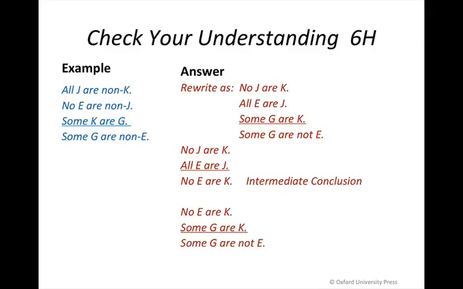We're saying there is at least one G and it's a non-E, or it's outside of E. So we end up with, as our first argument, after we've rewritten the first two premises in blue, no J are K, all E are J, therefore no E are K. That's our intermediate conclusion. It becomes the major premise of the argument, no E are K, some G are K, therefore some G are not E.